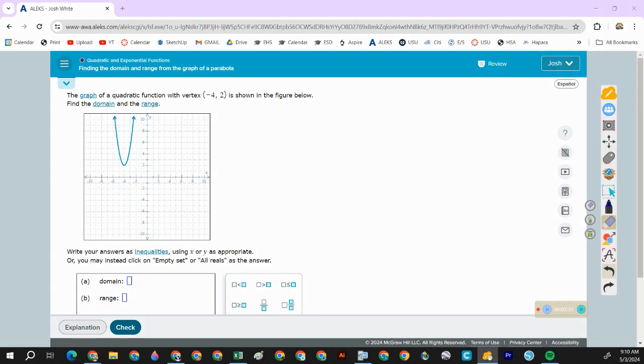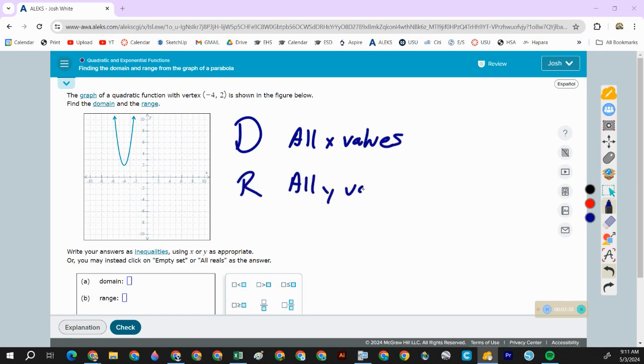Domain and range. The domain is all x values, and the range is all y values. So does x equals -3 exist on the graph?